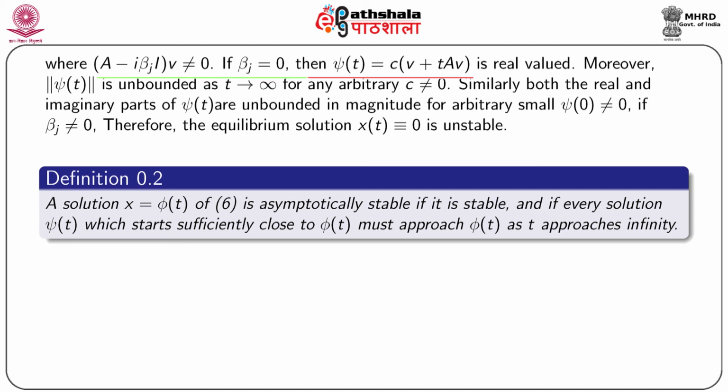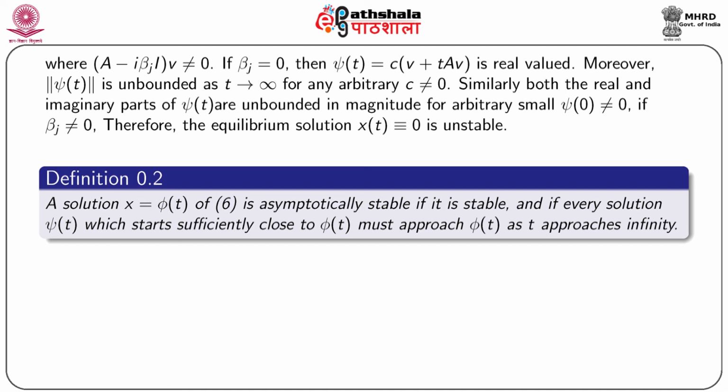If sigma j equal to 0, then psi(t) equal to c(v plus t A v) is real valued. Moreover, the norm of psi(t) is unbounded as t tends to infinity for any arbitrary c not equal to 0.